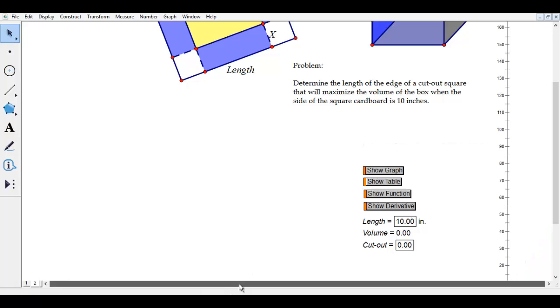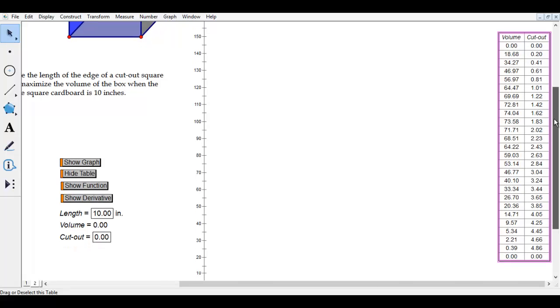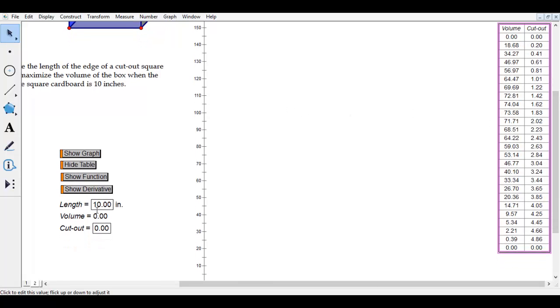So the very first thing that I did in this problem is to tabulate some values regarding the volume and the size of the cutout. And based on this tabulated data, the students can see that the optimal or the maximum volume, which is approximately 74.04, is when the cutout length is 1.62 inches.